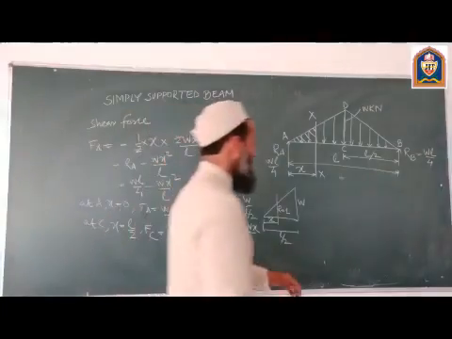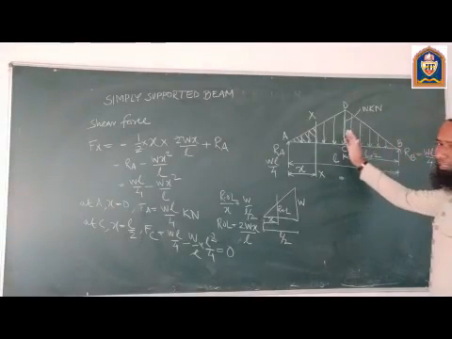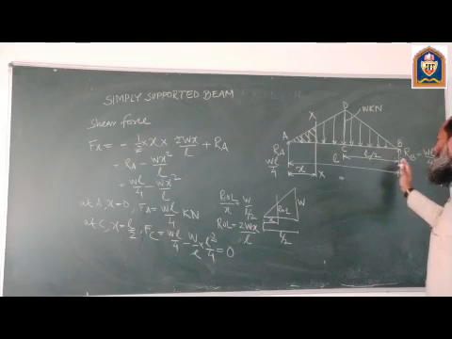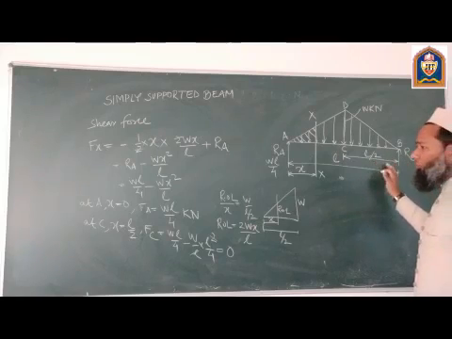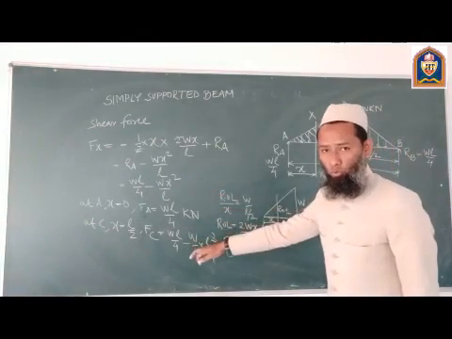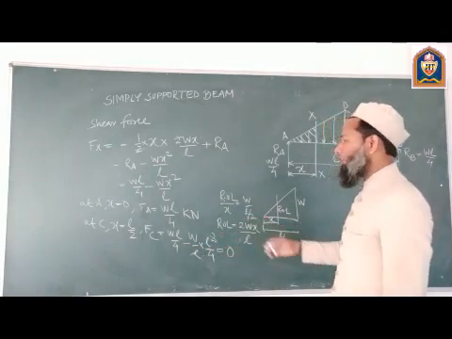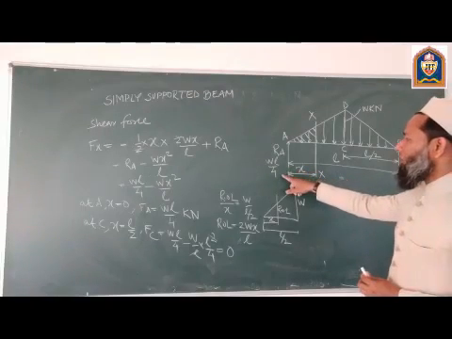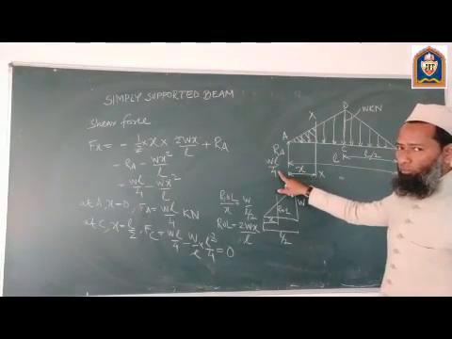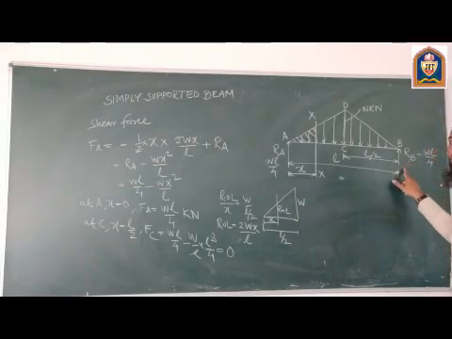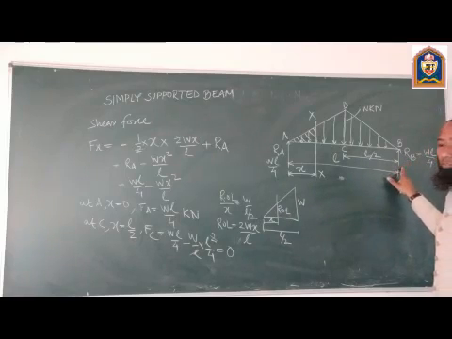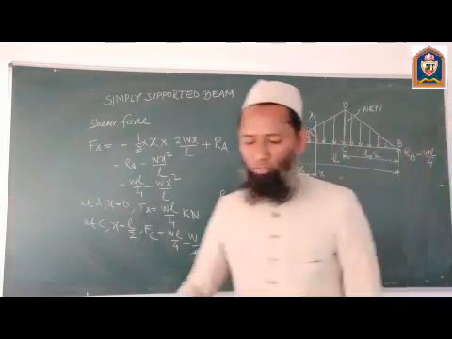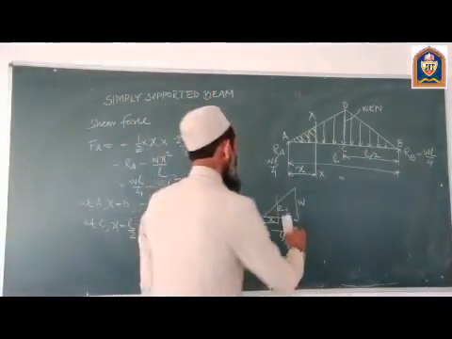In a similar fashion, if we move from this side and consider a section XX and the distance from end B is x, we will get the similar values. But there will be a difference. Here we are getting a positive value of shear force, but here we will get a negative value of the shear force. So we will just draw the shear force diagram.